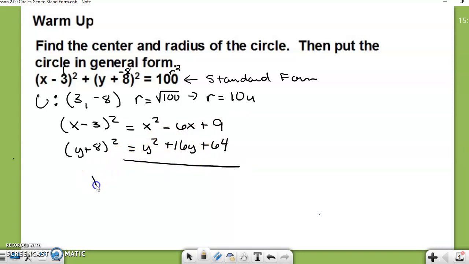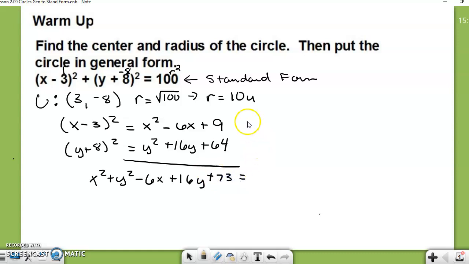I'm going to write my x squared, and then my y squared, then my minus 6x, my plus 16y. I'm going to combine my 9 and my 64 to have that equal a positive 73.